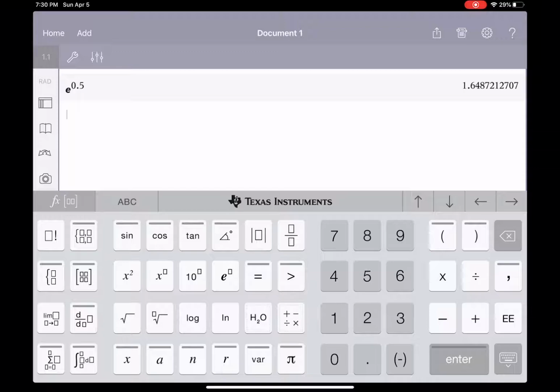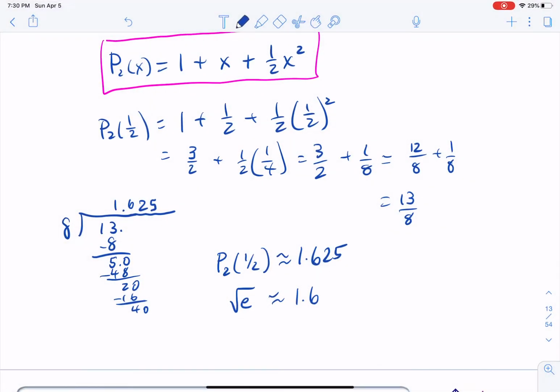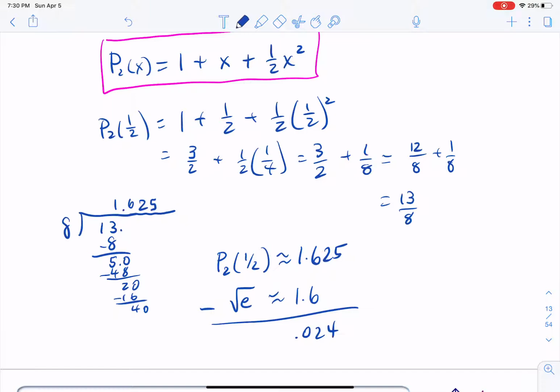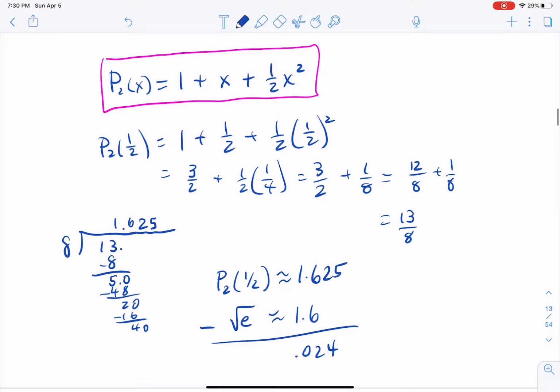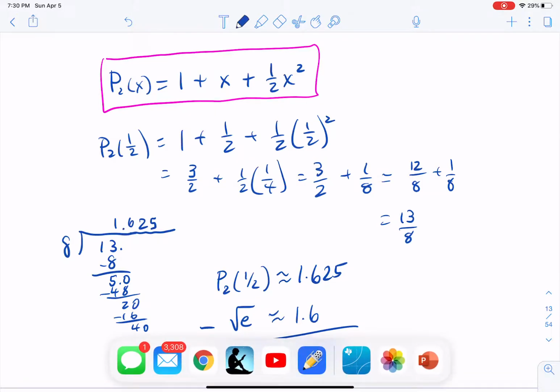So if I take that value and I subtract off the one that we just approximated, 1.625, we get a value of 0.024 if we approximate. And you can see that our approximation definitely improved. Our error is much smaller than it was whenever we used the tangent line.